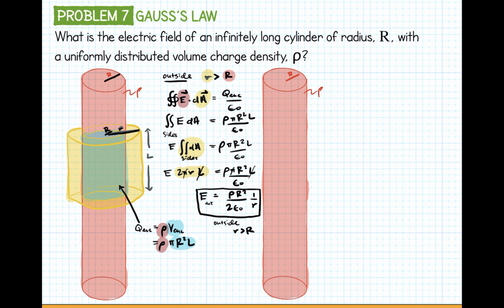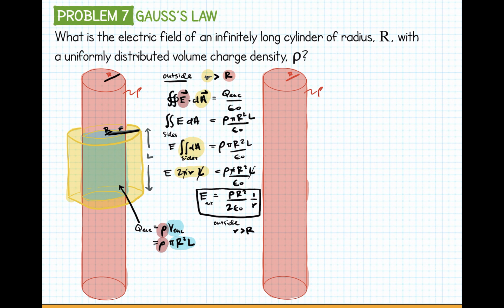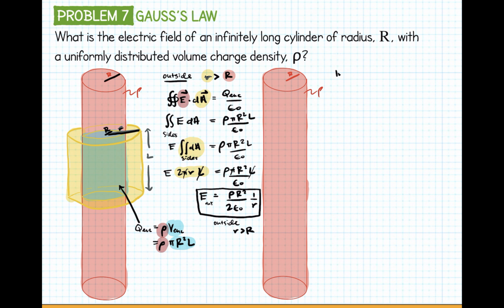So we still need to do the inside, and we're going to expect the inside to be something more like linear because we're going to enclose more and more charge. And so I'm going to draw this. So here we can draw our Gaussian surface, and let me just say, this is for the inside, meaning r is going to be less than big R, okay?